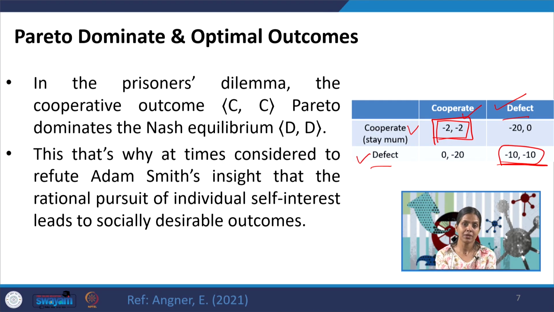As I probably mentioned in the beginning of the strategic interactions, it has been observed that in the context of analytical games, it need not always be true.